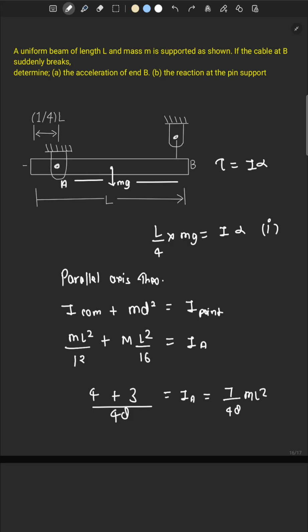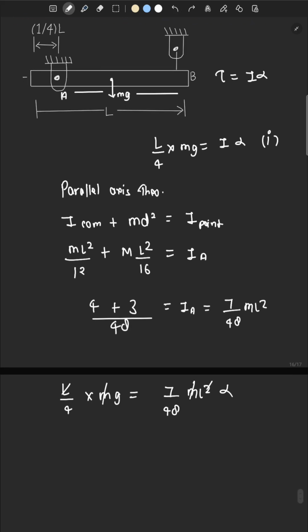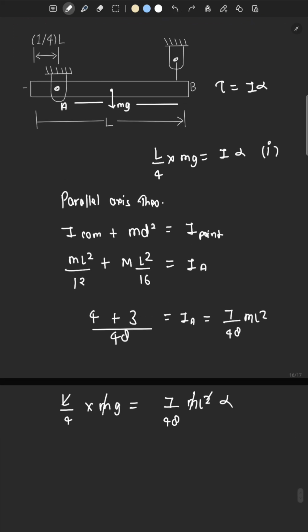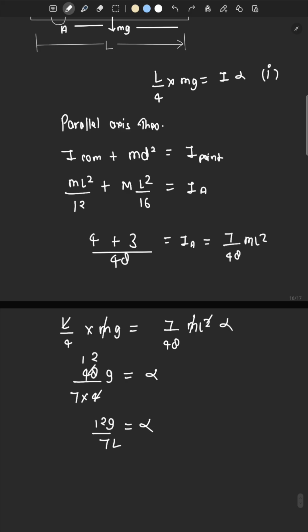From here we are going to put this result in this equation. So L by 4 mg is equal to I, 7 by 48 mL square, into alpha. From here we get alpha, and alpha will come out to be 12g by 7L.